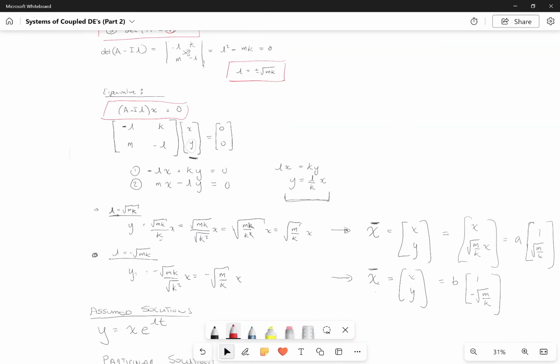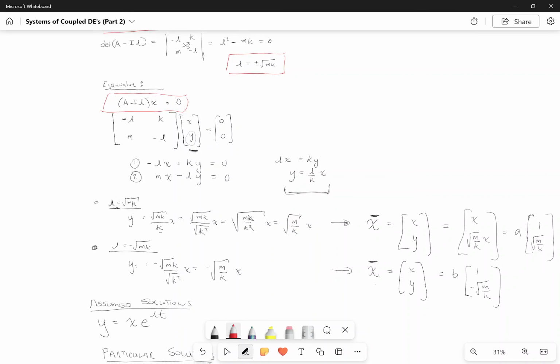I took one of them, brought it over here, and solved for y in terms of x. I put in different values for lambda: lambda equals square root mk, how does y relate to x? Lambda equals negative square root mk, how does y relate to x?